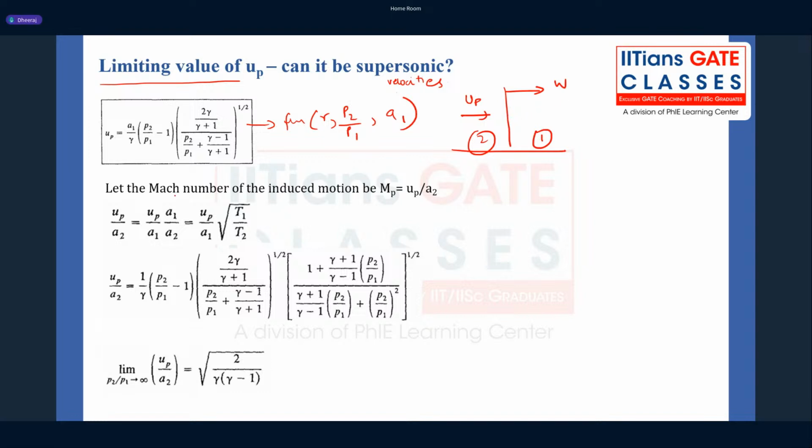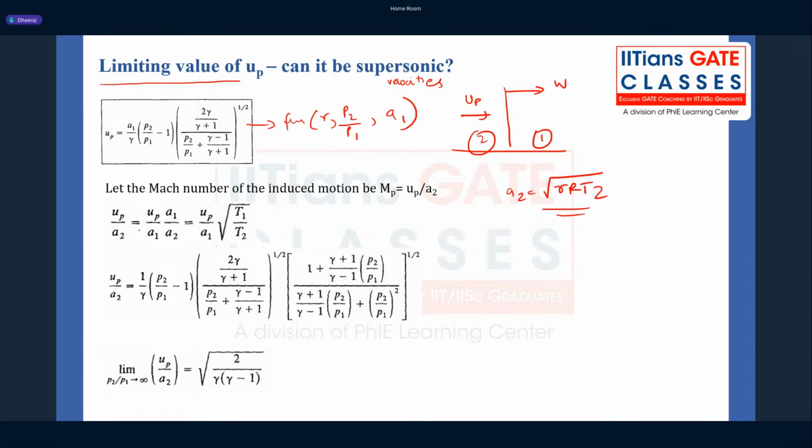So let the Mach number of the induced motion be MP, that is nothing but UP by A2. Since it is in region 2, the Mach number of the propagating gas will be UP by A2. My A2 is nothing but root over gamma R T2.